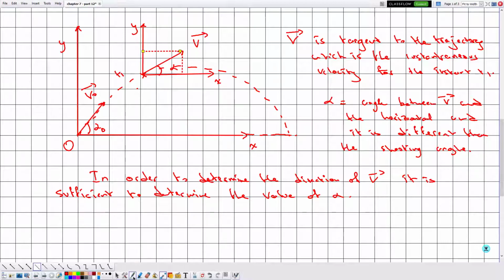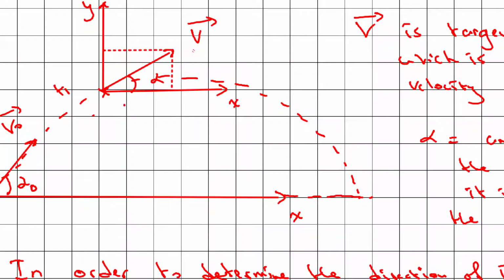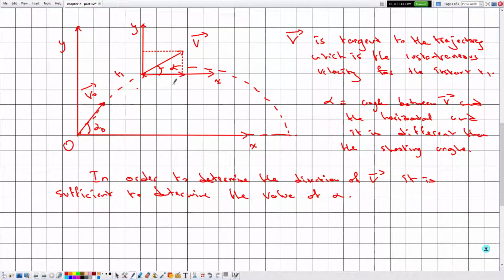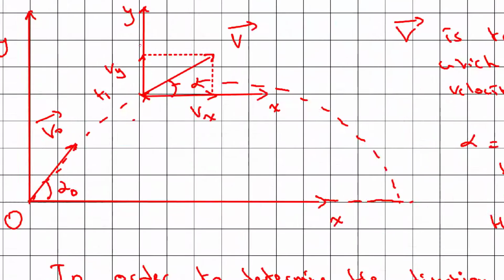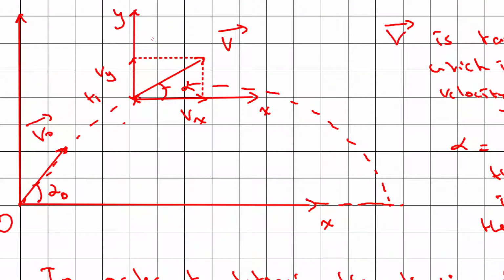Okay, so what does this represent? This is the x component of the velocity v, and what does this represent? It's the y component of the velocity v. Okay, and now if you consider the triangle A, B, C, now tangent alpha is equal to opposite over adjacent, so this is the angle alpha.